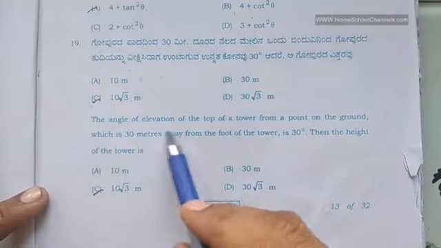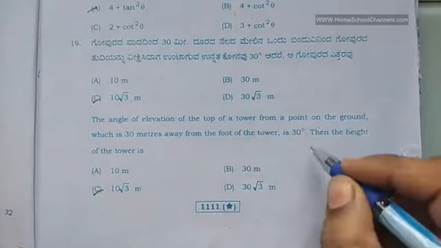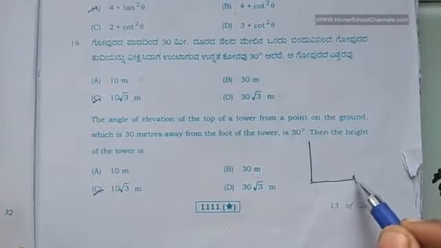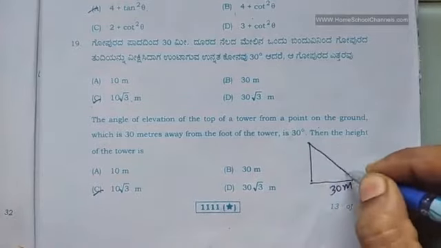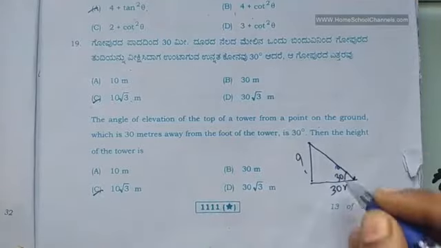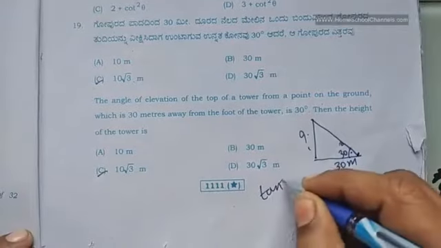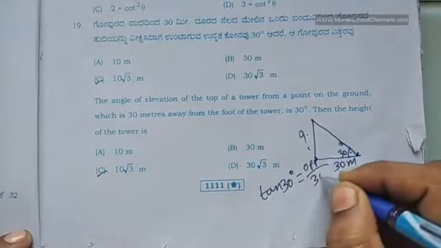19th one, the angle of elevation of the top of a tower from a point on the ground, which is 30 meters away from the foot of the tower, is 30 degree. Then the height of the tower is, tan 30 degree is equal to opposite by adjacent, which is 30.